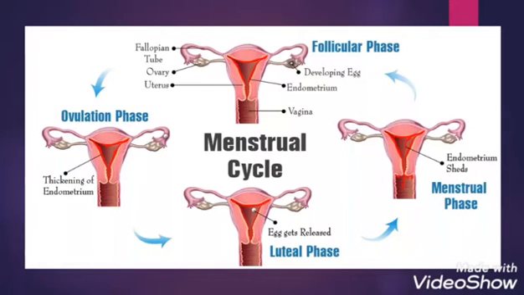On the first phase, which is the follicular phase, a follicle develops inside an ovary. And this development of the follicle is controlled by FSH. The developing follicle secretes estrogen, and the concentration of estrogen in the blood increases.